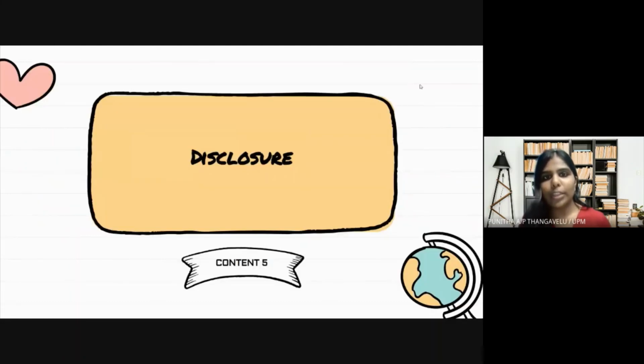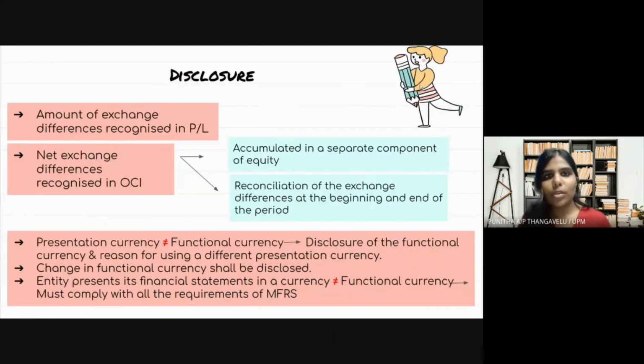So moving on to the next slide, which is on disclosure. For the disclosure, an entity should disclose, first, the amount of exchange differences recognized in profit or loss. Second, the net exchange differences recognized in other comprehensive income, which are accumulated in a separate component of equity, and a reconciliation of the amount of such exchange differences at the beginning and the end of the period.